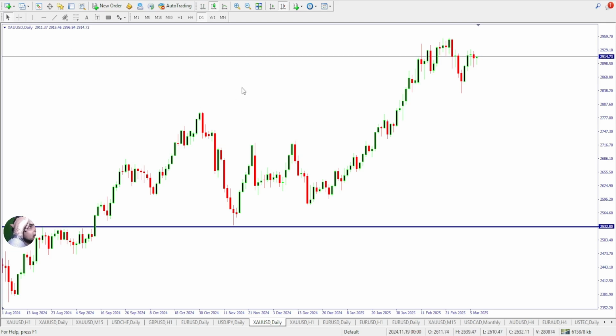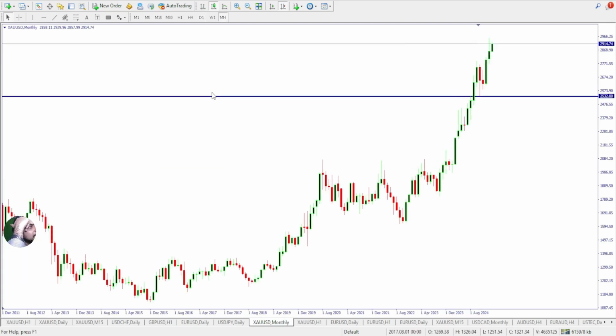So gold US dollar, I see this market very nicely trending up, and the last support it took, just have a look at it, 25.32. So we can say around 25.30, right?